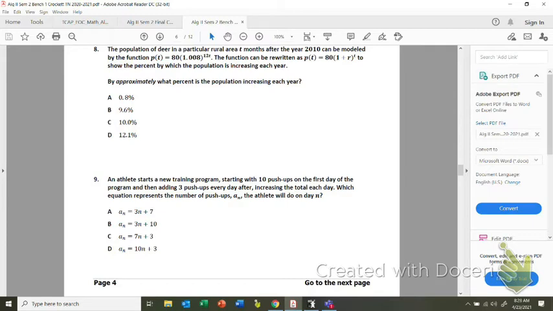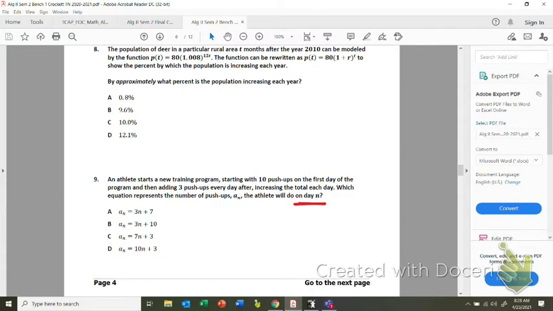That is important, is that how many the athlete will do on day N. Okay? Day N is really going to be day 0. So if we're trying to do 10 push-ups when we first get there, we're going to go ahead and have to add 3 more to get in that routine.